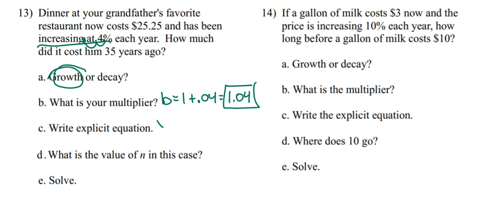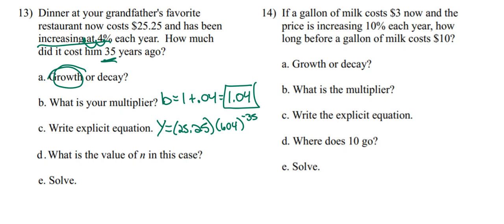The explicit equation is going to be y equals initial amount is 25.25, and it's going to be 1.04 and 35 years ago. So since it's 35 years ago, we're going to put negative 35 there. That's key. Not 35 years in the future, but in the past. So we're going to put a negative 35.